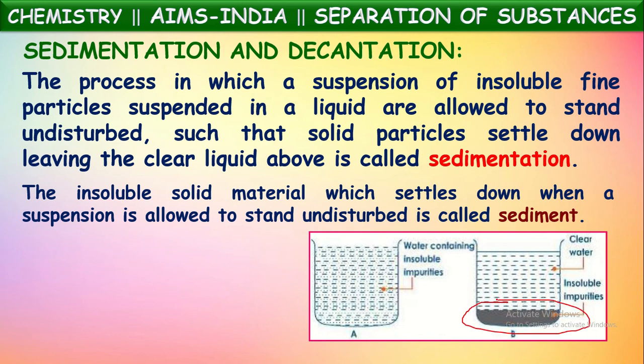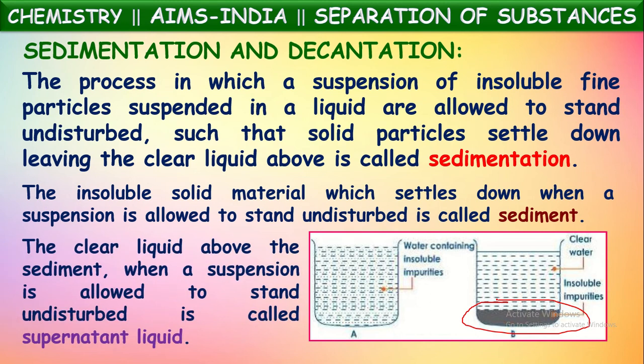This method of settling down the insoluble solid substance in a liquid is called sedimentation, the solid substance settled at the bottom is called sediment, and the pure liquid separated from the solid is called supernatant liquid. This whole process is called sedimentation.